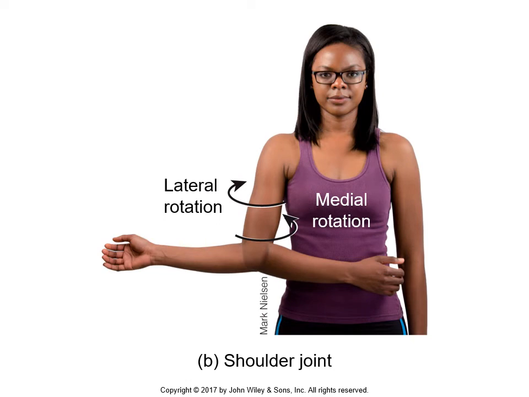So more on rotation, right? Lateral rotation and medial rotation. This is, again, when we look at the limbs. For instance, imagine you were sitting down, having your elbows tucked into your side with your hands out in front of you.